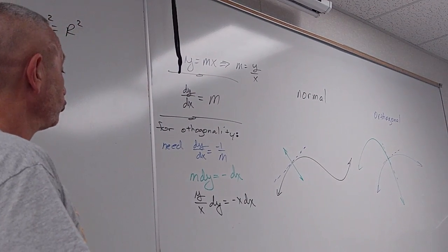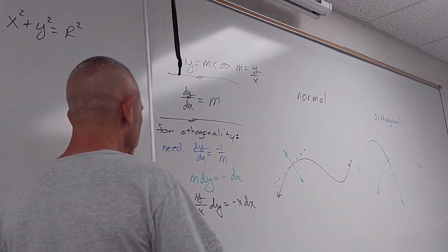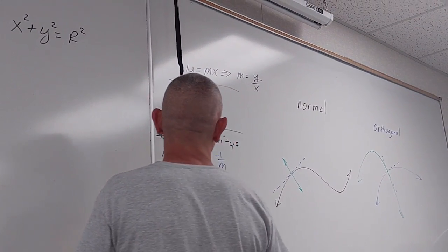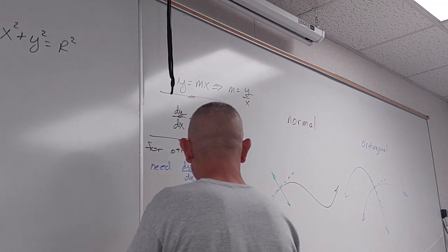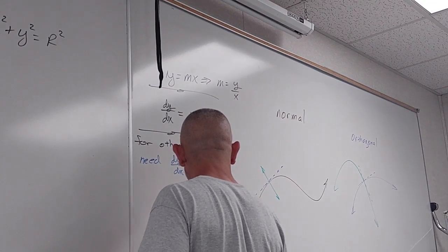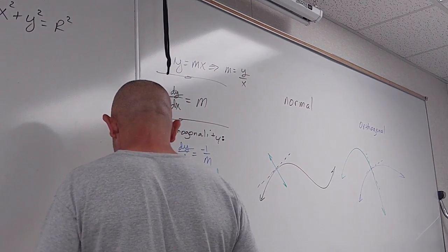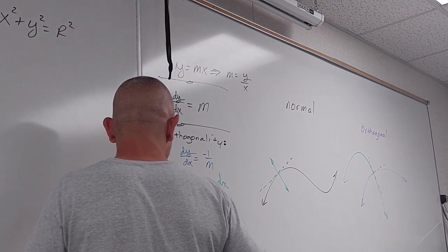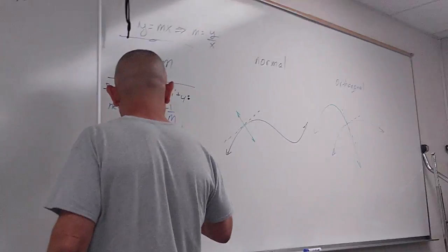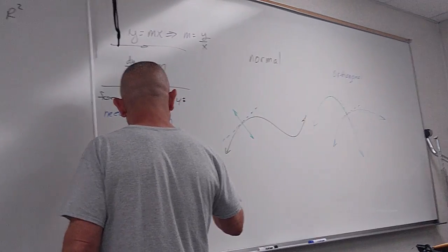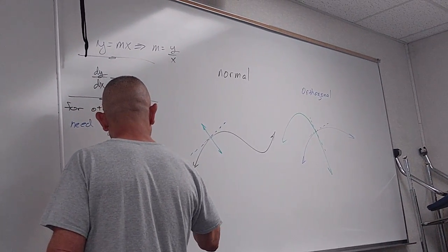Okay. So what am I doing? I replaced y with what it's equal to, and somehow went on to the next step all at the same time, which doesn't really happen in the real world. So that's y dy plus x dx equals 0.